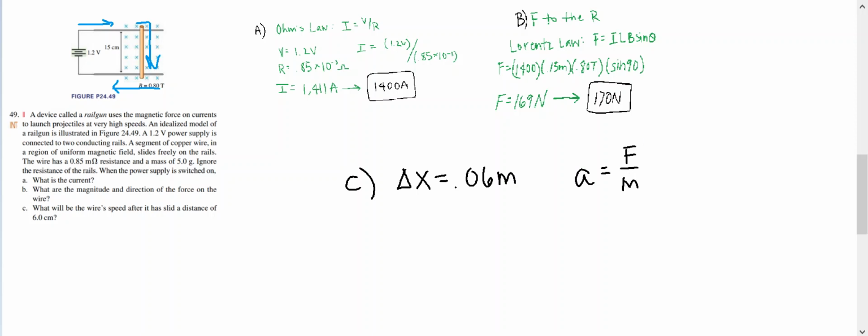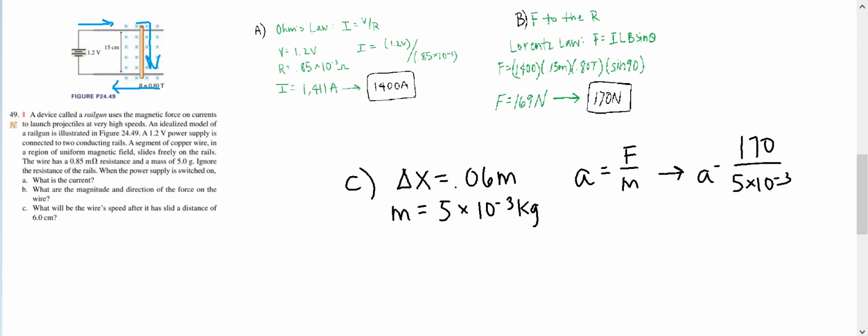We just solved for force, so we will plug our values in. We are given the mass in the problem. It says it's 5 grams, but we want it in kilograms, so we'll multiply times 10 to the negative 3. So we will do 170 over 5 times 10 to the negative 3.